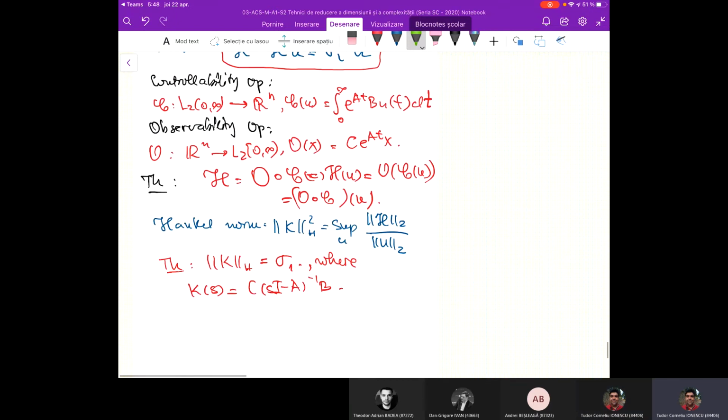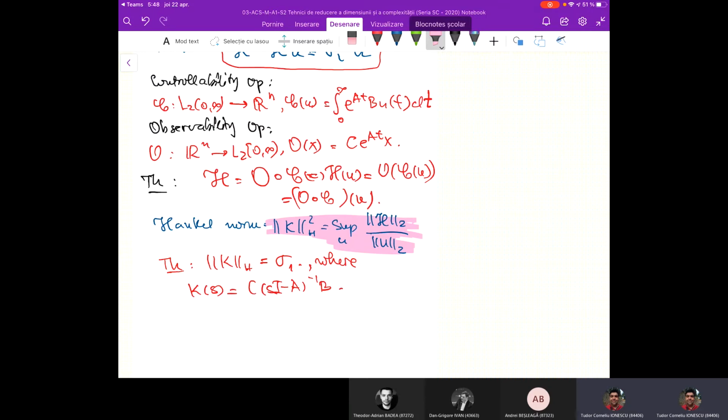So we can also define a Hankel norm of the system, and we'll see that there is a variant called Hankel norm optimization model reduction. This Hankel norm is the supremum of the output of the Hankel operator versus the input effort.